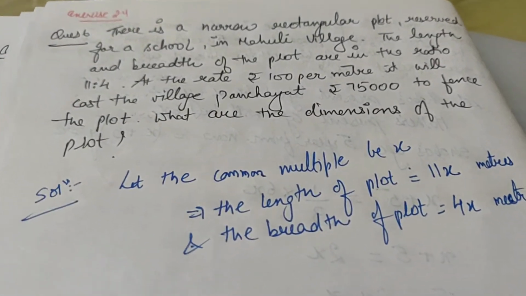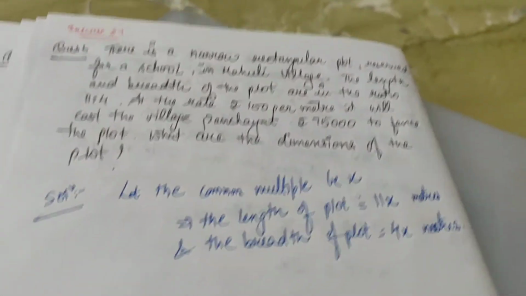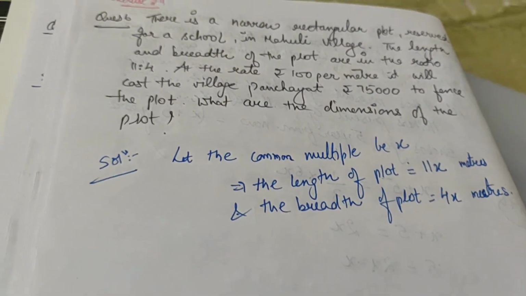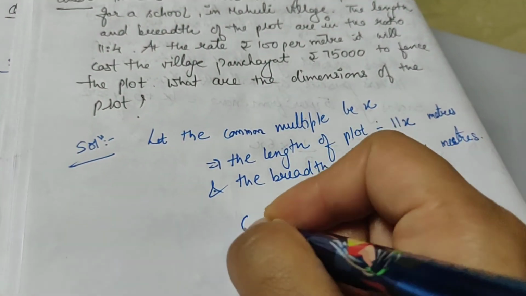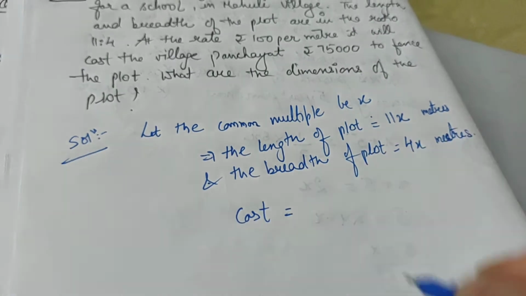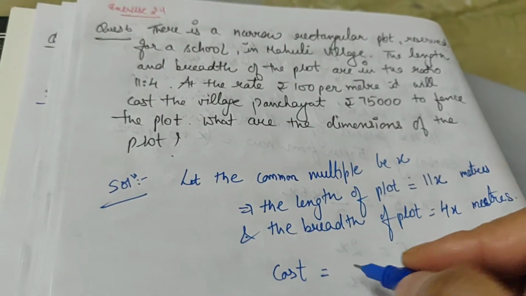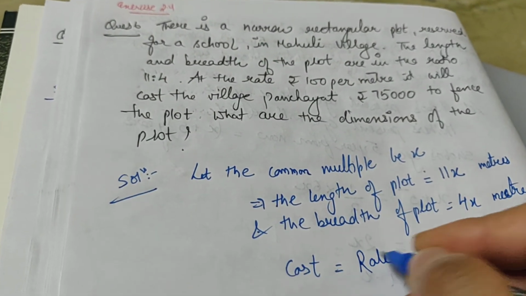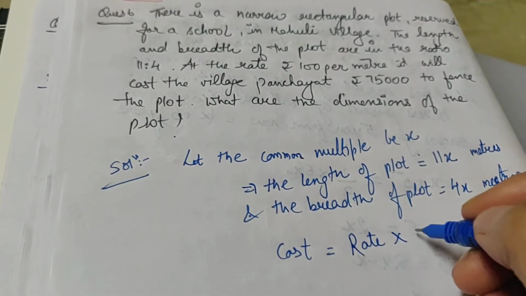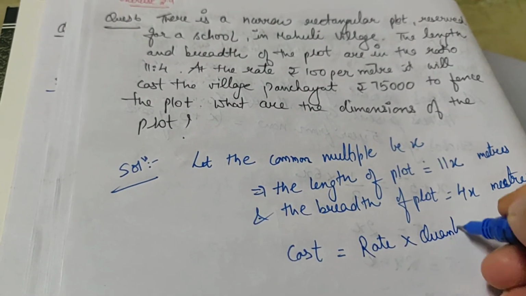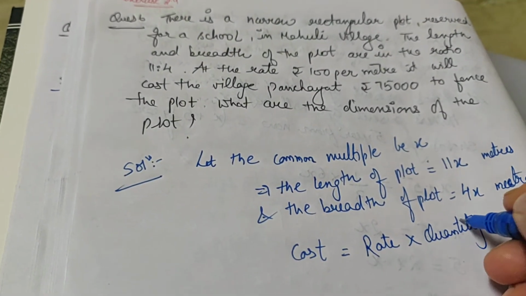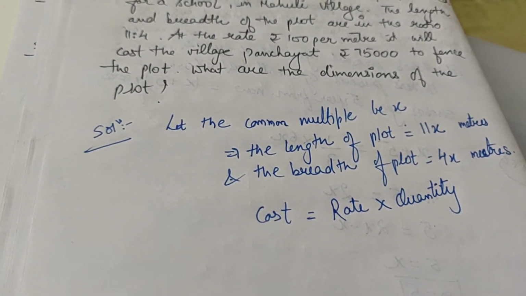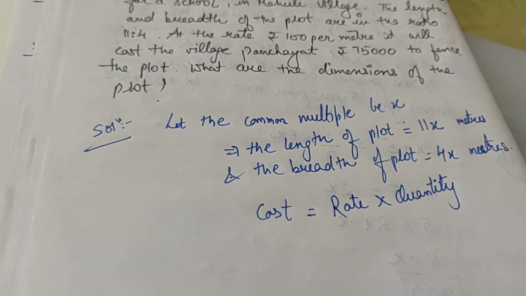And how do we do that? I'll just remind you, whenever we have to find the cost of certain things, what we do is we multiply the rate with the quantity. We have to multiply the rate with the quantity always. To find the cost, we multiply the rate with the quantity.